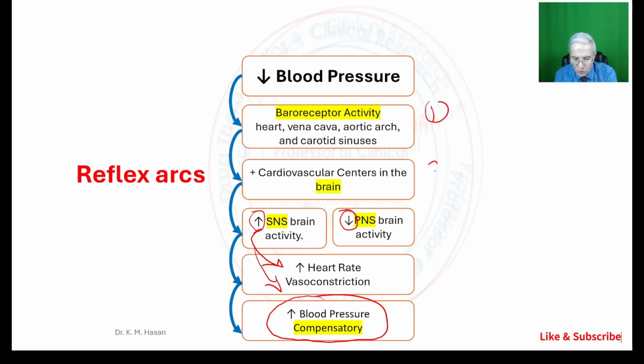Number two, the cardiovascular center in the brain will be activated, and this will inhibit the parasympathetic and activate the sympathetic. Number three, number four will be increased heart rate and vasoconstriction. Number five, the end result will be increased blood pressure as a compensatory mechanism.